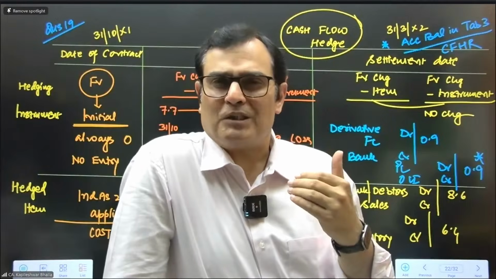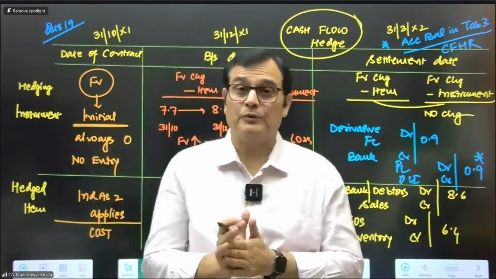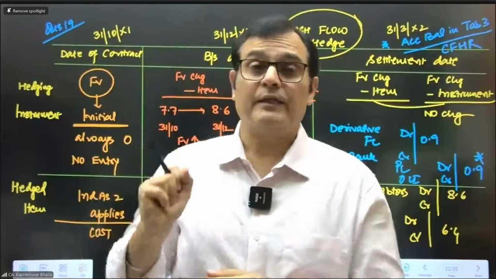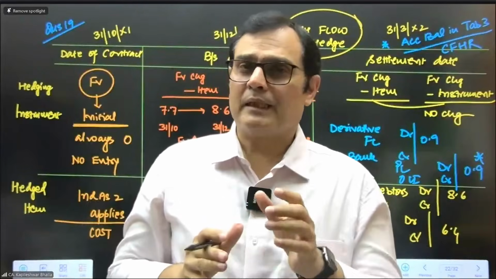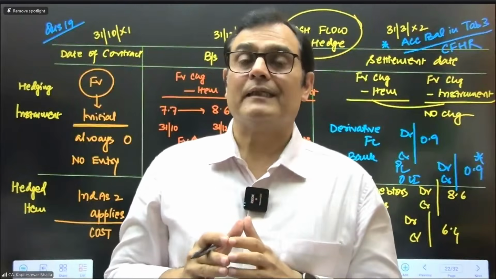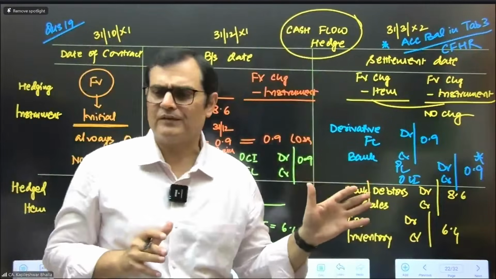So we've covered the special issues with regard to impairments and with regard to the concept of hedging as well. Now, the only area which I didn't touch much upon, but I think I'll make a quick mind map on, is derecognition of liabilities. Assets we've extensively covered.